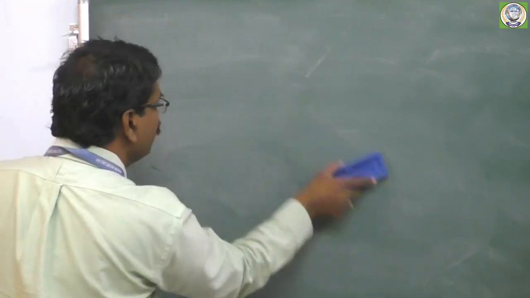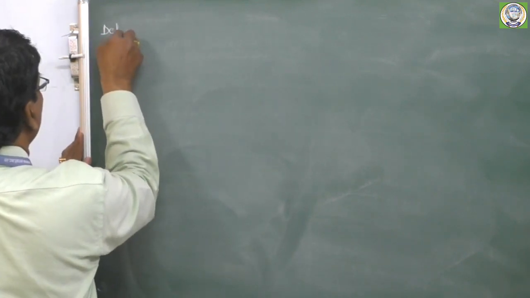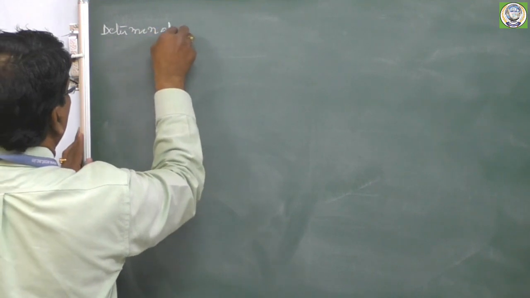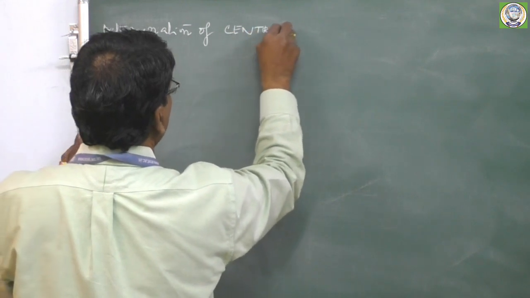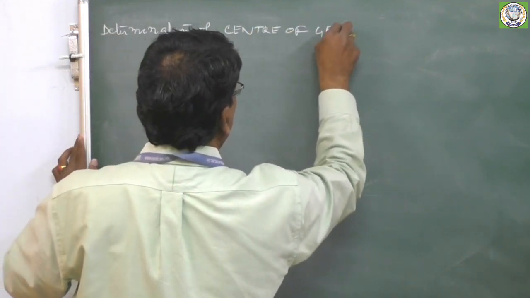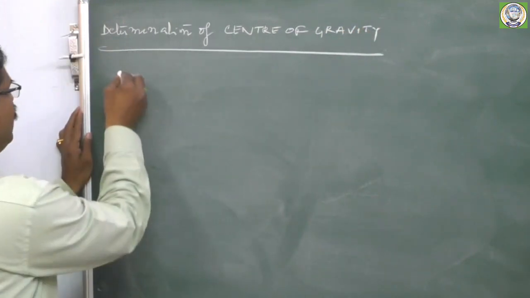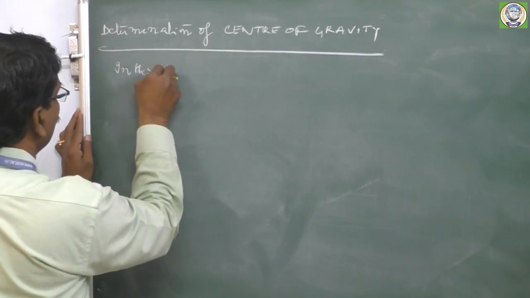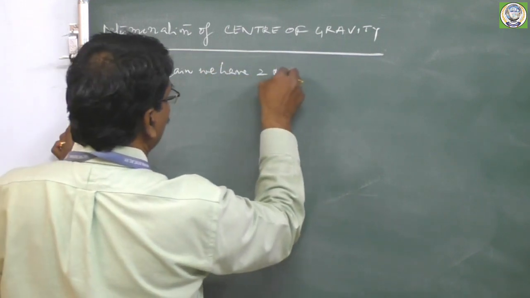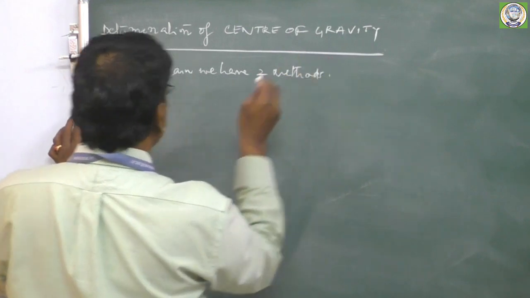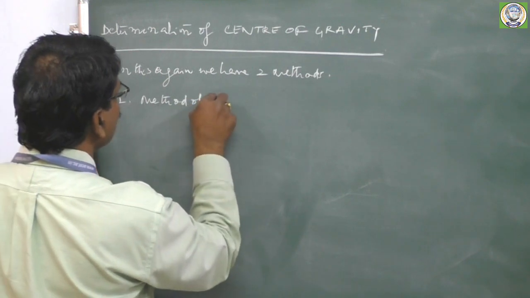Next, the continuation topic of this is determination of center of gravity. In this again we have two methods. The first method is method of moments of volumes.